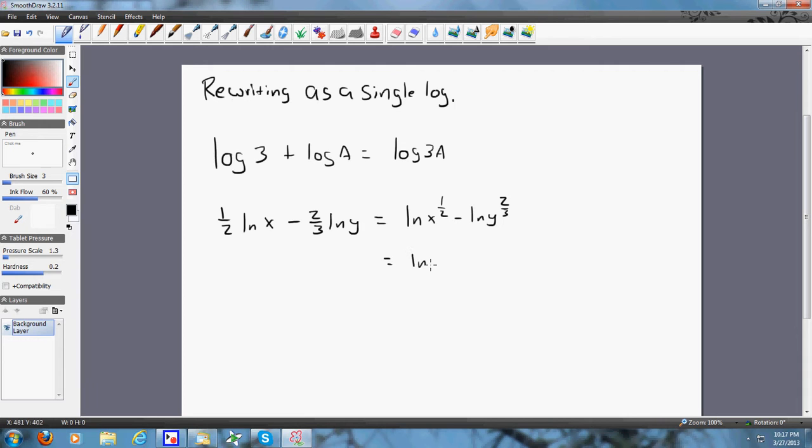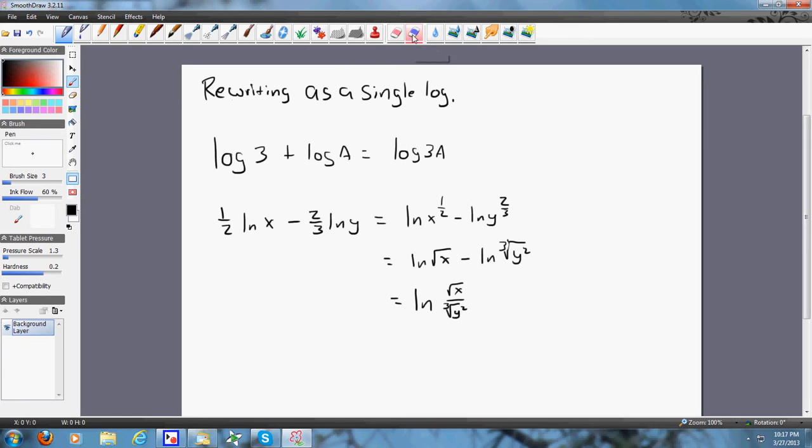And then you can actually even say, well, I know x to the 1/2 is the square root of x, and natural log of y to the 2/3 is, oh, pardon me, let me change that, the cube root of y squared. But now, because it's division, I can say square root of x over the cube root of y squared. And that's kind of nifty.